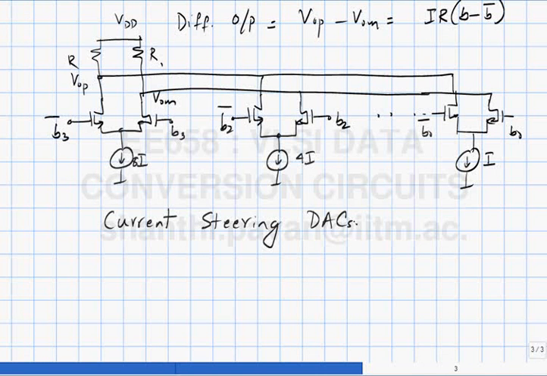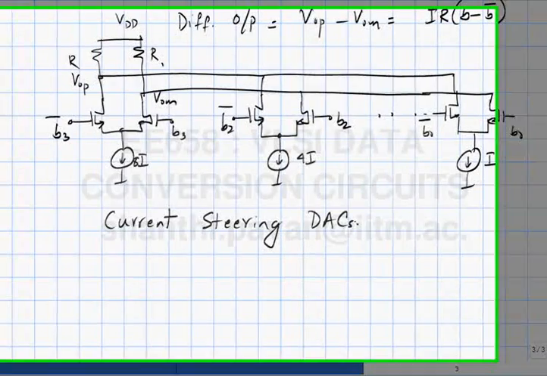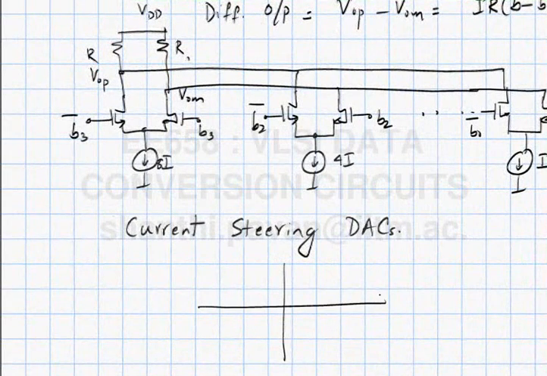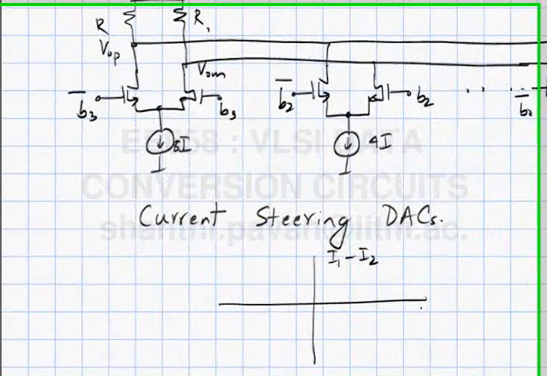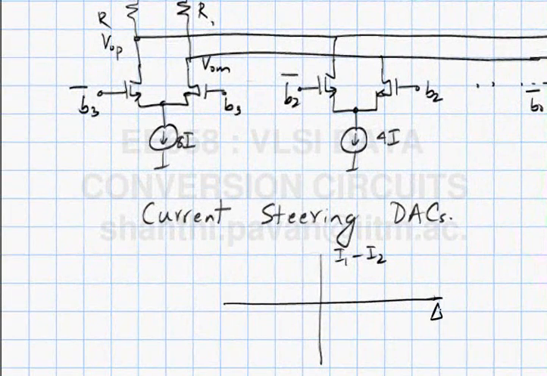You know the voltage difference required between the two input terminals of the differential pair, if you recall from earlier classes. If I plot the differential input on the x-axis and the difference between the currents I1 and I2 in the legs of the differential pair on the y-axis, when Vin is very very large and positive, what happens?